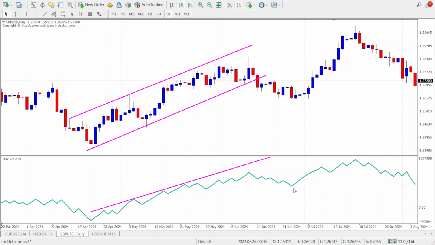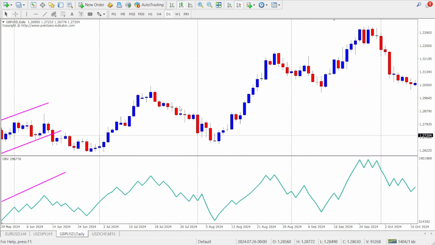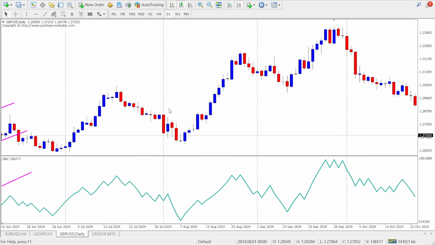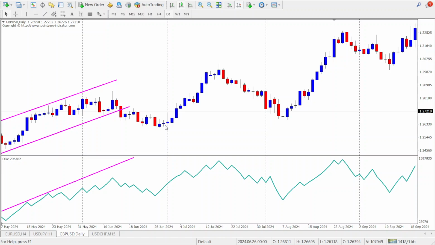So this shows that the trend was backed by volume, meaning that it was likely to continue. And as you can see, the trend actually continued despite the pullbacks, okay?